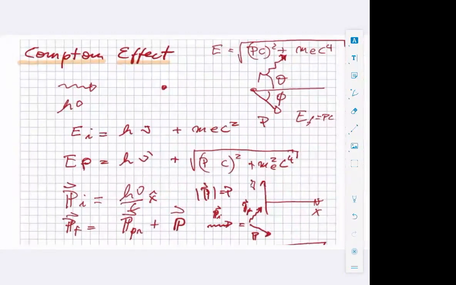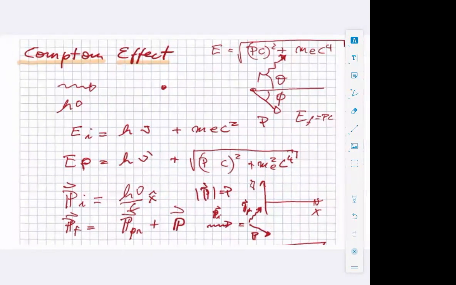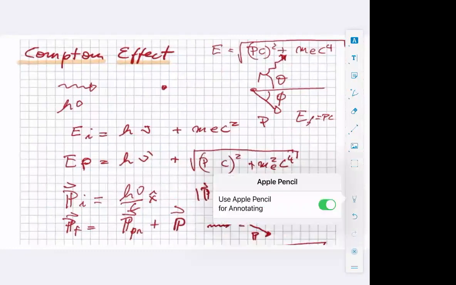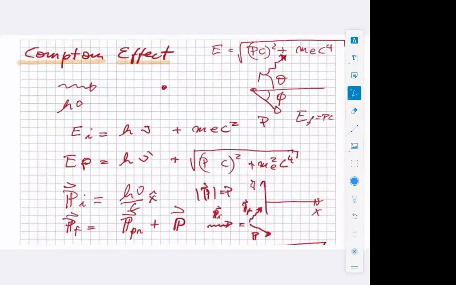So these are my equations for the Compton effect. If you remember well, when we studied the dynamics of relativistic particles, this was the expression that I used: the energy squared is equal to the square of the product of the momentum times the velocity of light, (pc)^2, plus the rest mass term squared, (mc^2)^2.